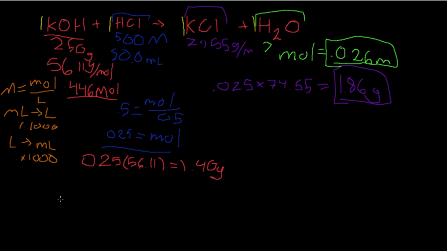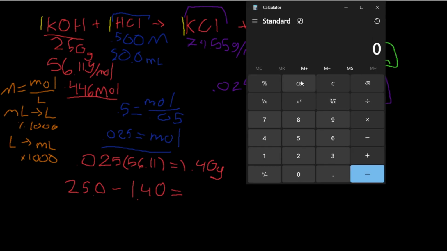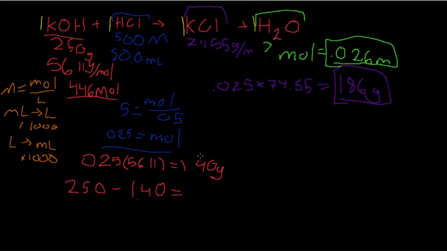Now to find how much is left over, we simply subtract the two, so 25.0 minus 1.40 equals 23.6. 23.6 grams left over. Those are your three answers right there.